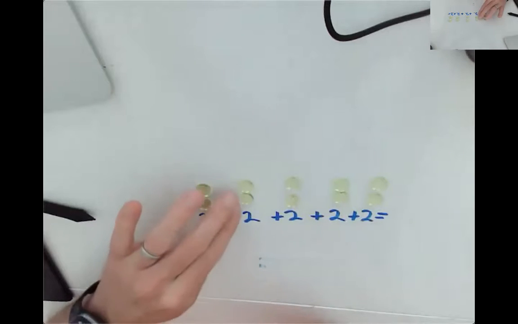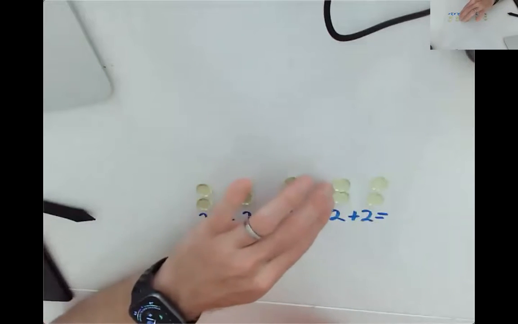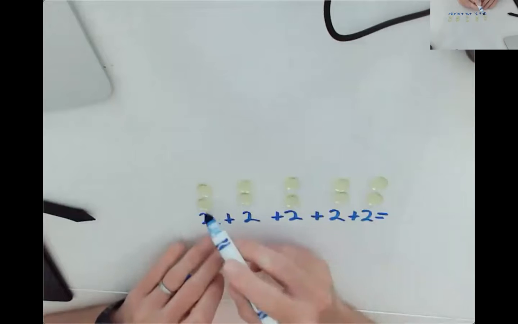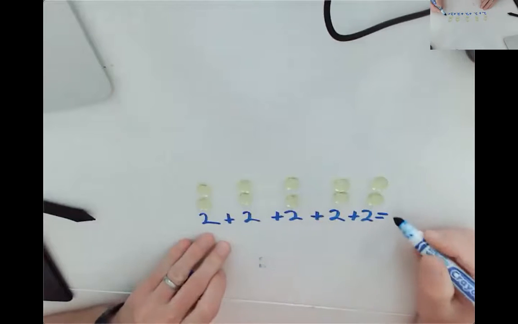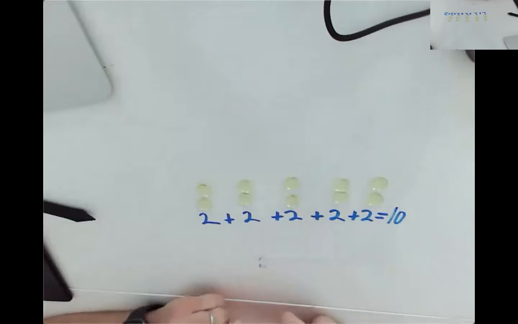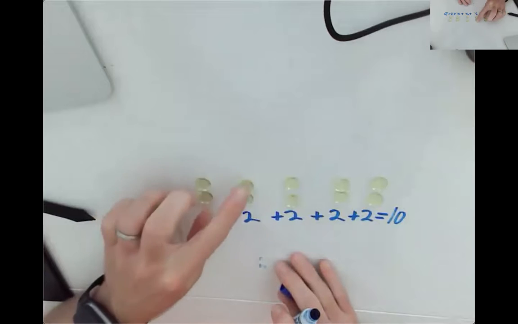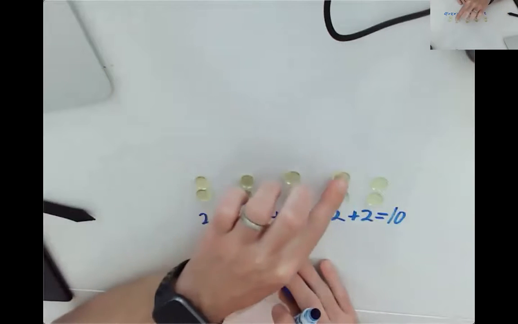So 2 plus 2 plus 2 plus 2 plus 2. And we know that 2, 4, 6, 8, 10, we know that equals 10. We can confirm it by saying 1, 2, 3, 4, 5, 6, 7, 8, 9, 10.